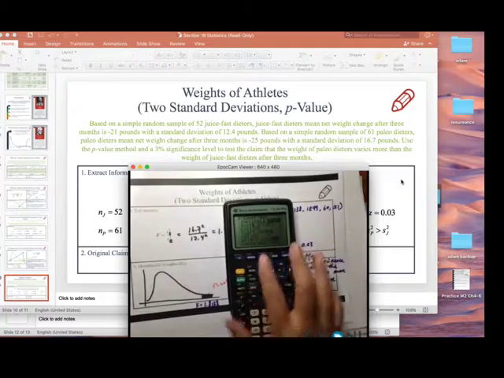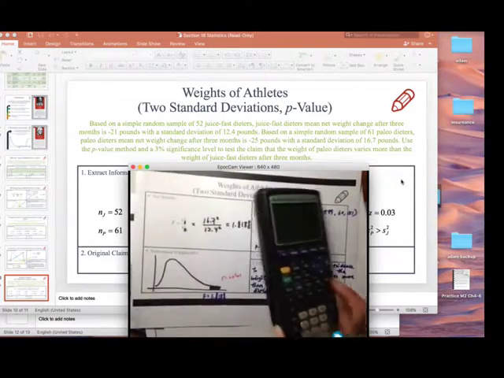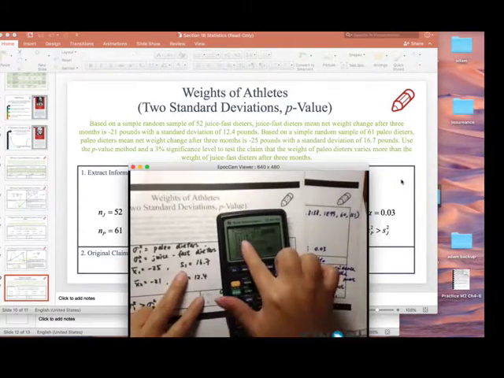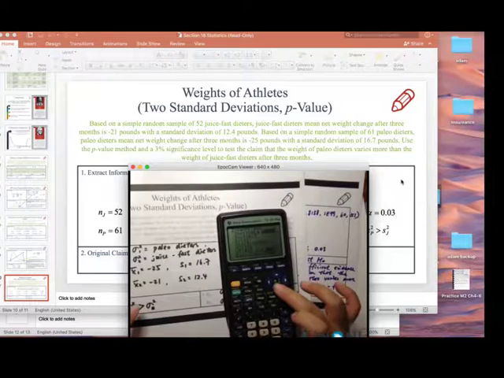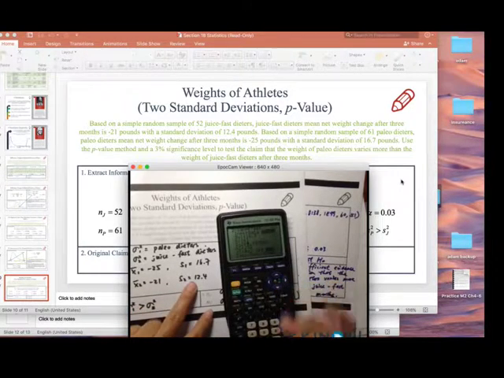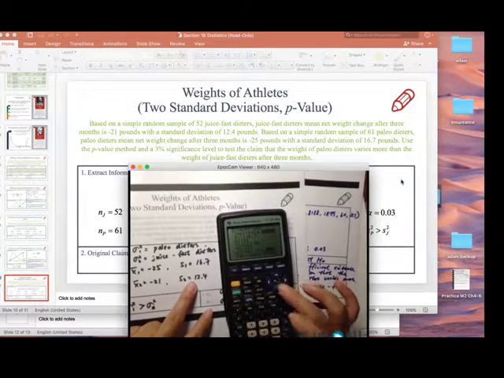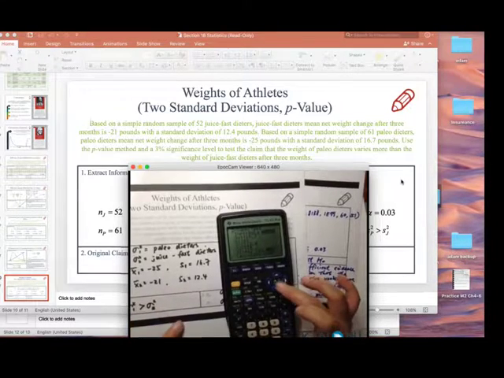Be careful, this is your standard deviation. So S1 is the standard deviation 16.7, sample size 61. S2 is 12.4, sample size 52.